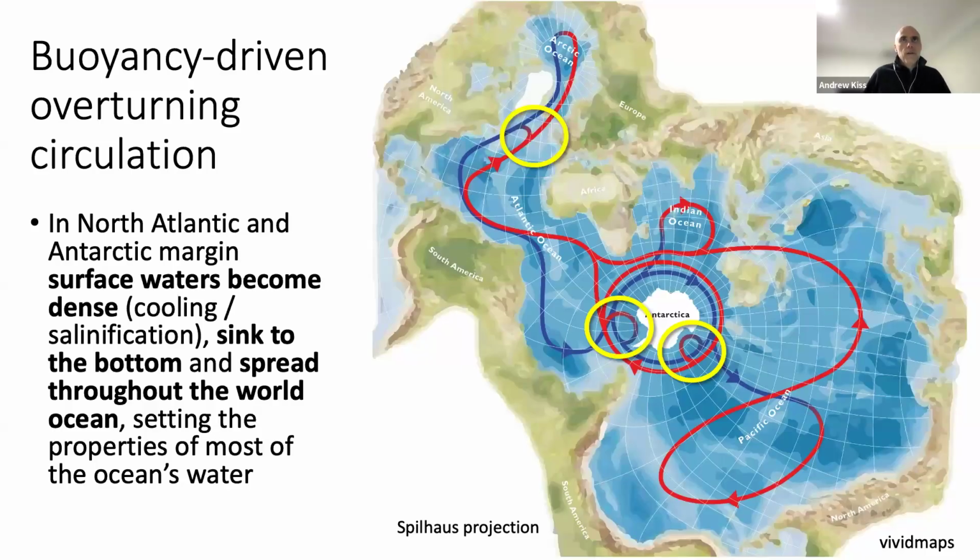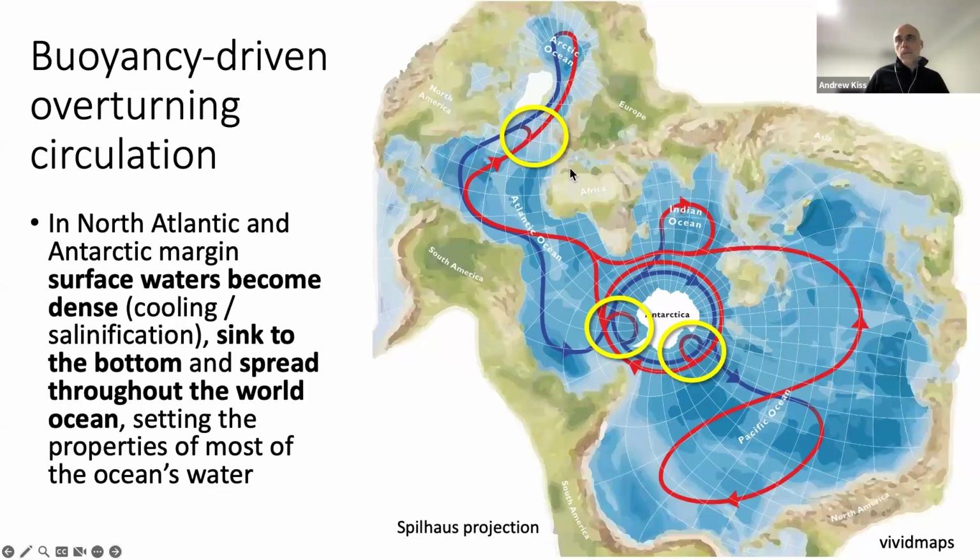You may have heard of the global ocean conveyor belt, but you may not have seen it depicted like this. This is called the Spilhaus projection. This is a favorite among oceanographers because it chops up the continents and leaves the global ocean as one big piece. But you can see there's Antarctica in here, there's Africa, there's the Atlantic, and so on.